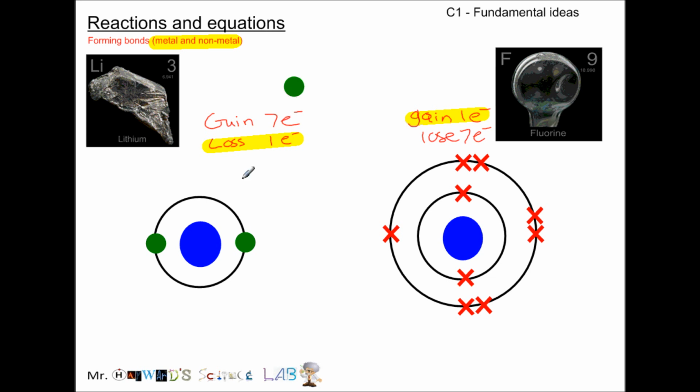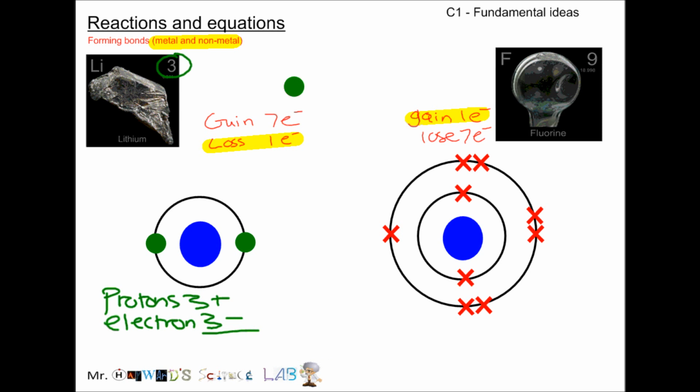So, in its nucleus, if you look at the numbers for lithium, it has 3 protons. Electrons, it used to have 3. So protons are positive, electrons are negative.